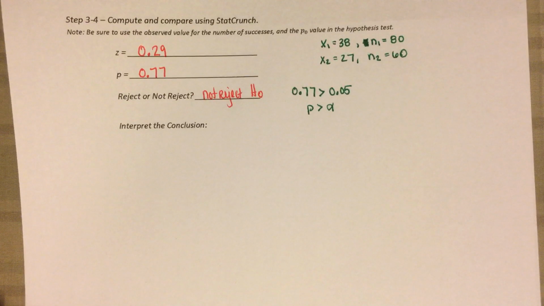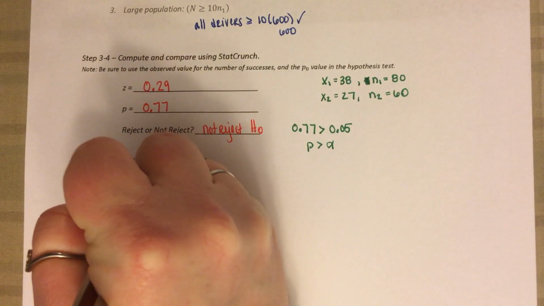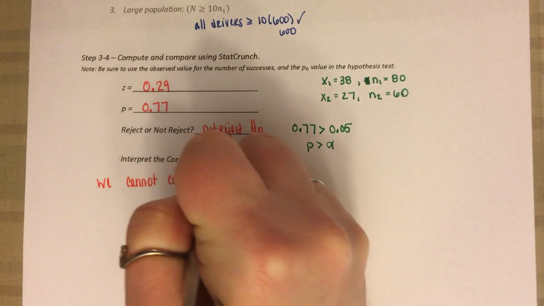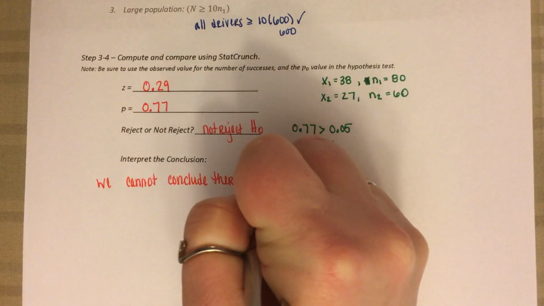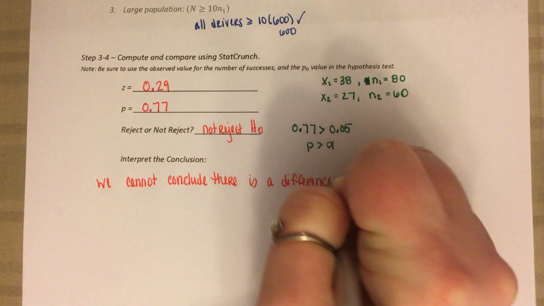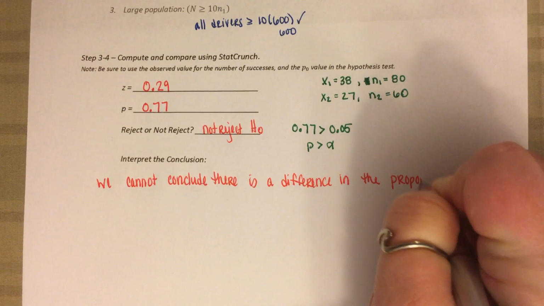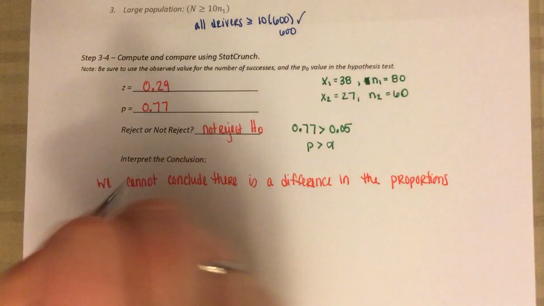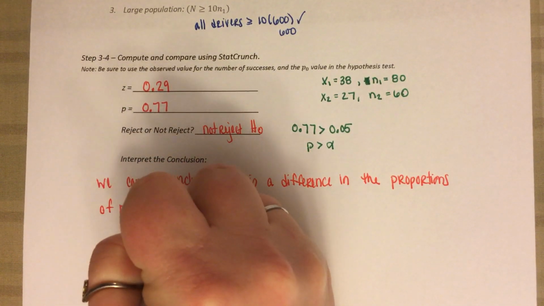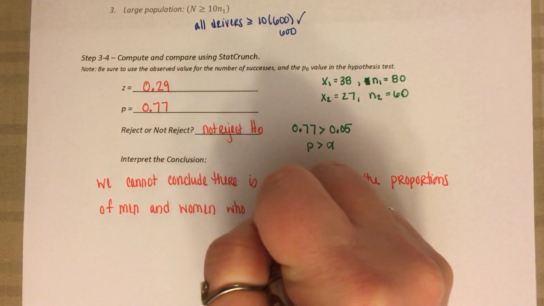So since those two proportions could be equal, our interpretation, we are going to write, we cannot conclude there is a difference in the proportions of men and women who text when driving.